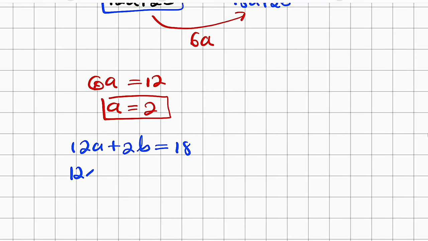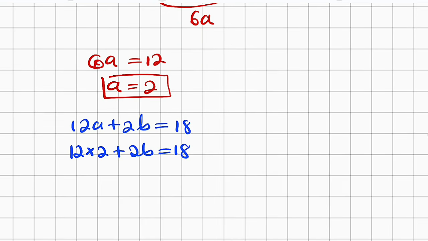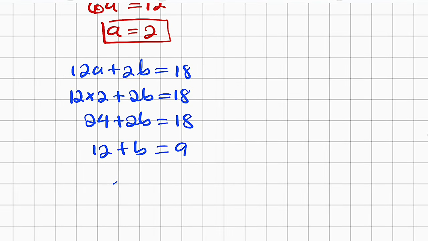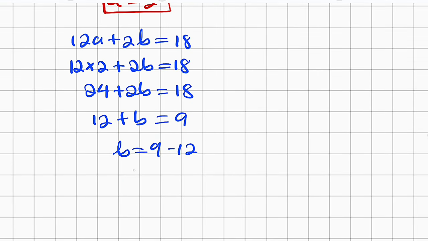So we have 12 multiplied by 2 plus 2b equal to 18. This is 24 plus 2b equal to 18. You can even divide both sides by 2, so that this becomes 12, this becomes b, this becomes 9. And b will be equal to 9 minus 12. And what is 9 minus 12? Minus 3. So b is minus 3.